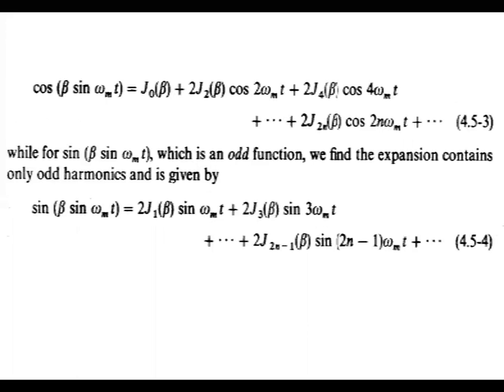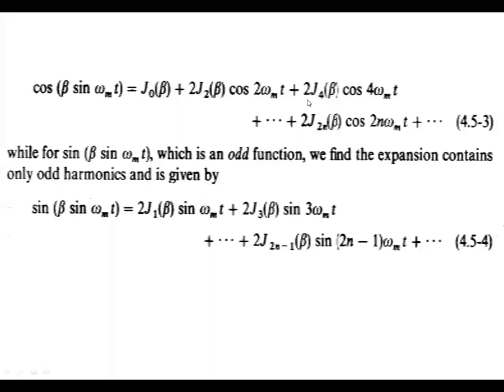So let us specify the even harmonics. For cos of beta sin omega m t, the even harmonics are specified by the terms J0 beta, 2 J2 beta, 2 J4 beta, 2 J2n beta. Here beta is the modulation index, where J0 beta is the fundamental term. 2 J2 beta is the second harmonic, with frequency component cos 2 omega m t.